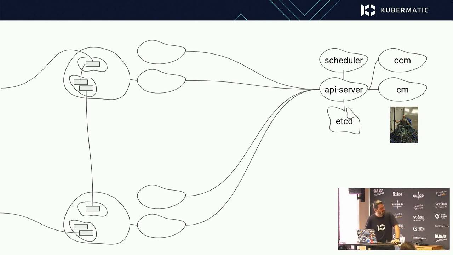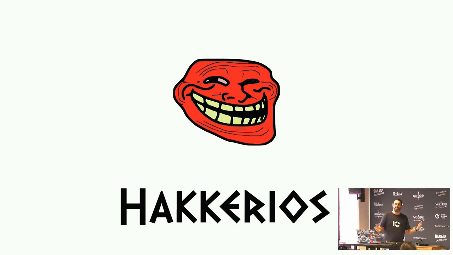These are the parts in King's Landing, and kubelet, kube-proxy, and container runtime agent are the ones in the suburbs. And as in any other story, we have the villain. He is called Hakarios.